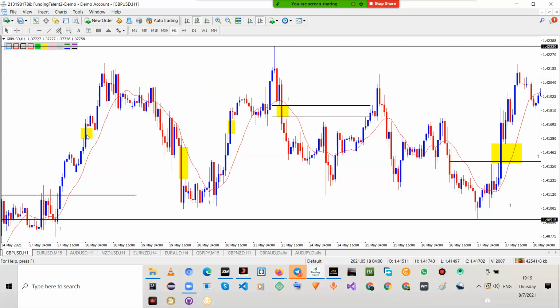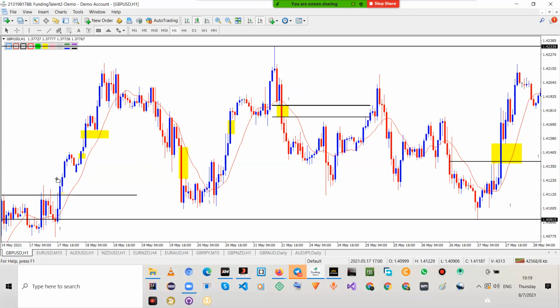As you can see, this first value gap over here has not yet been filled, and it has not yet been filled up to this area. So we already know that price is going to come down and fill up this gap, this gap again, this gap right here as well, and this gap right here.